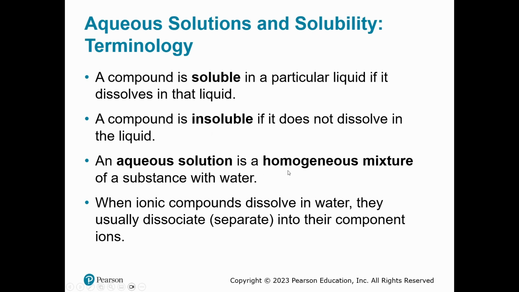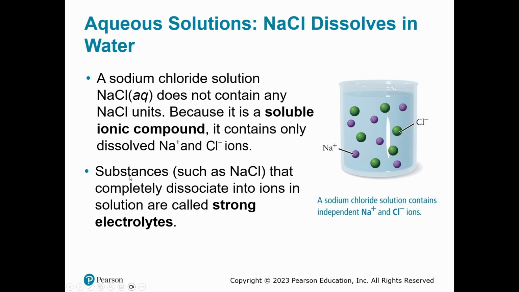Aqueous solutions are fully dissolved or homogeneous mixtures in water. Ionic compounds are very soluble in water, and so we call these electrolyte solutions or dissolved salts. An ionic solution is any solution that has positive and negative charges that dissociate in a solvent.